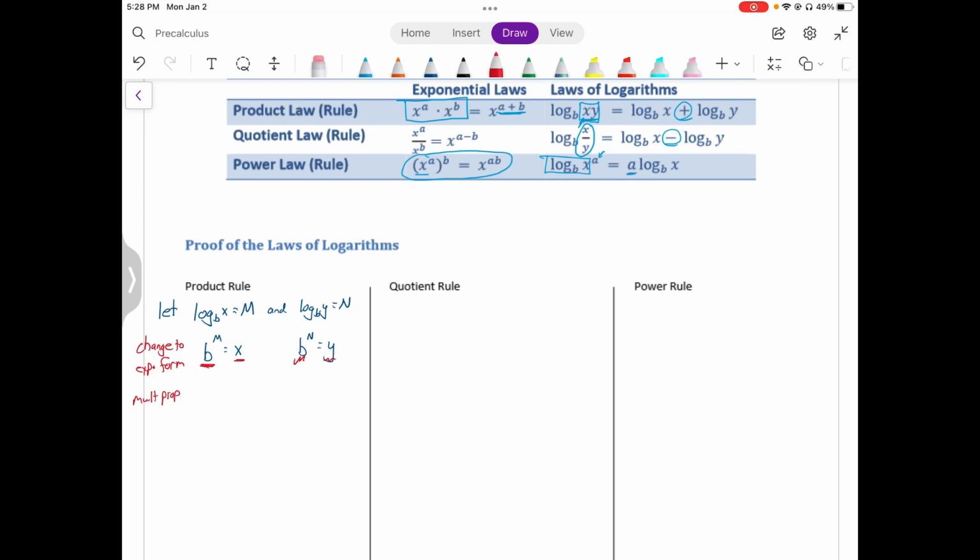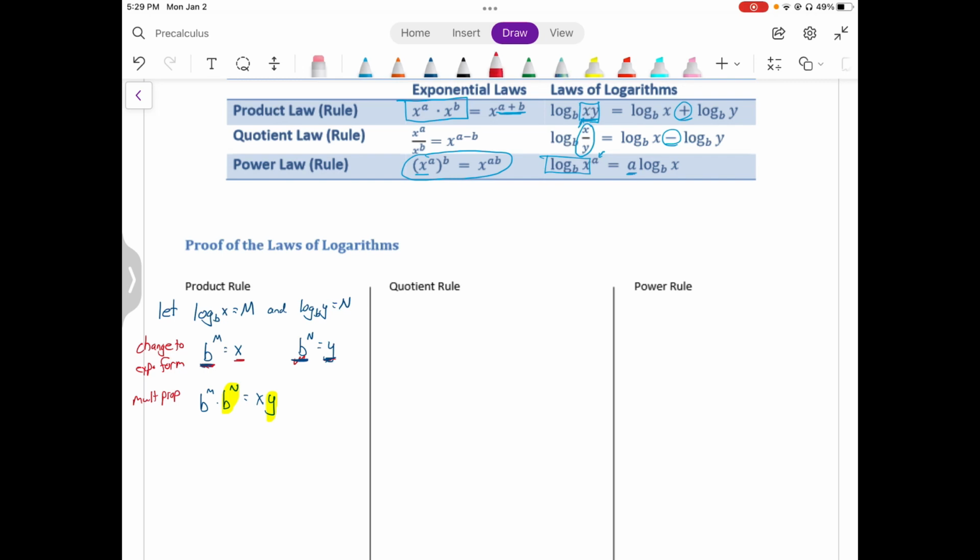If we take b to the m times b to the n, so I multiplied the left side by this, well, b to the n is the same thing as y, so I'm going to multiply the right side by y. These highlighted things are the same, so we're multiplying both sides by the same value.